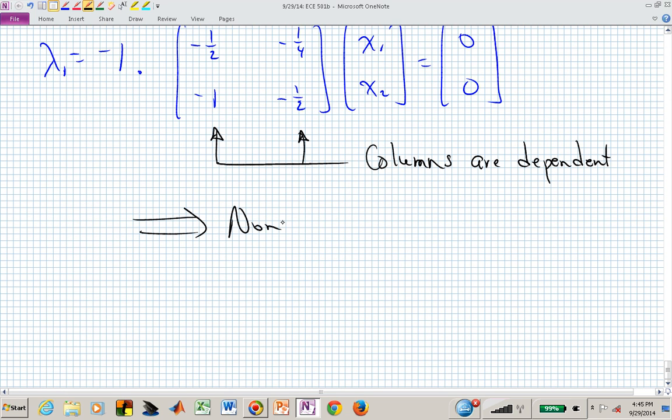Which now says that we have a null space that's non-trivial. Or we can now just let x1 be some number. Let's let it be something nice. x1 equal to 1.